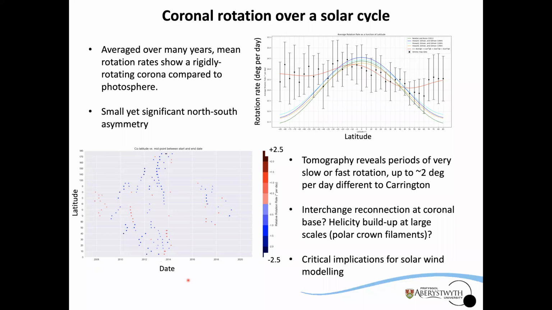But this work on rotation is very important, because if you have a corona which is rotating at a considerably different rate to the underlying chromosphere and photosphere, it means there must be interchange reconnection occurring. And also it has critical implications for solar wind modeling.